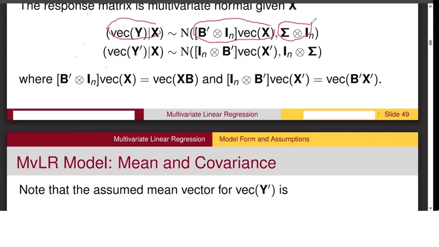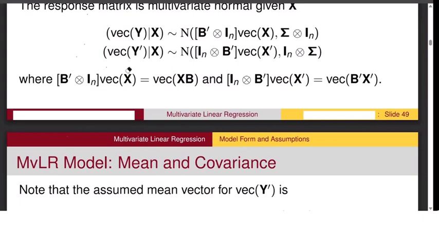But right now, it is a Kronecker product between the covariance and the identity. Take a look at that. So the moment I understand the distribution of the vector y given x, of course, I can apply the distribution of the vector transpose given x. So take a look at that.